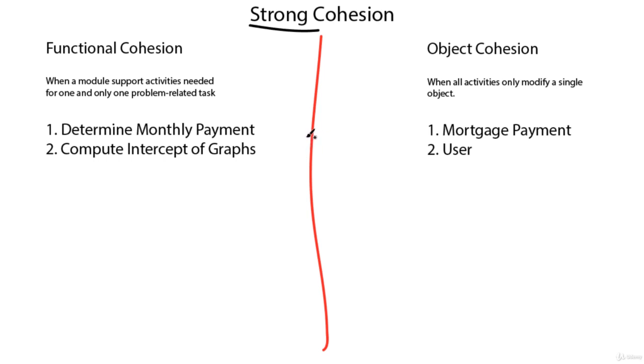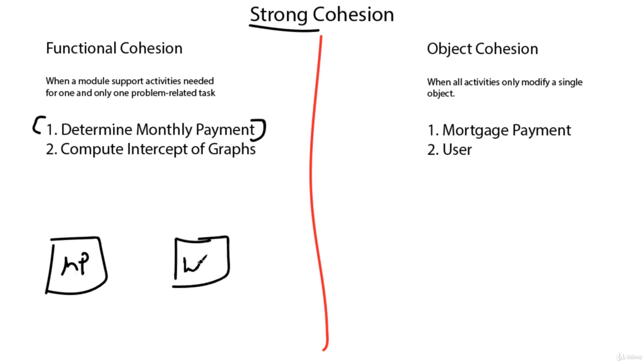So for example, on the left side over here with functional cohesion, we have these really defined areas, and it's when a module supports activities needed for only one problem-related task. So we have this determine monthly payment rate here. With proper high cohesion, we could actually take this out, say this is the monthly payment, and drop in a new module of weekly payment.